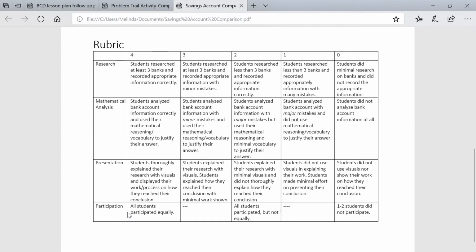And a participation, did all students participate equally, or not equally, or did only a few students participate? So this is a basic rubric. Definitely open to modifying this a bit too if students think that something else should be considered.